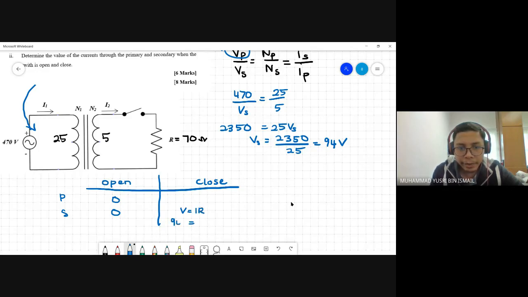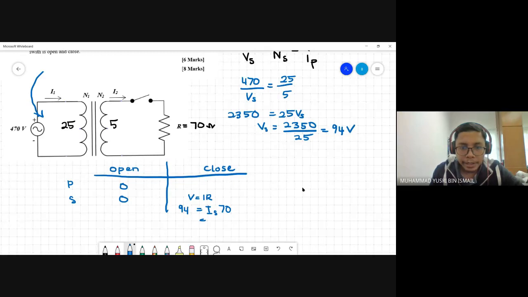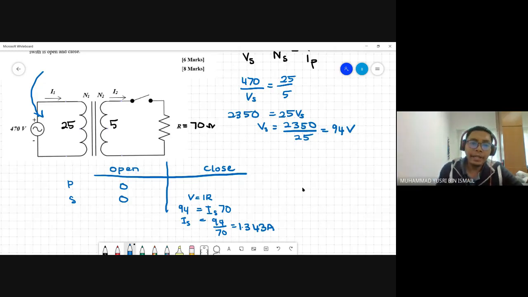Voltage is 94, the current you need to calculate, and R is 70 ohm. So Is is equal to 94 divided by 70, which gives 1.343 ampere.